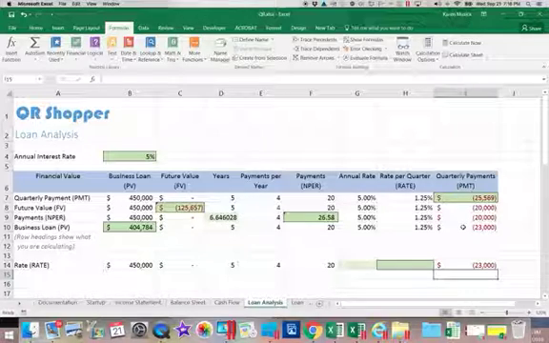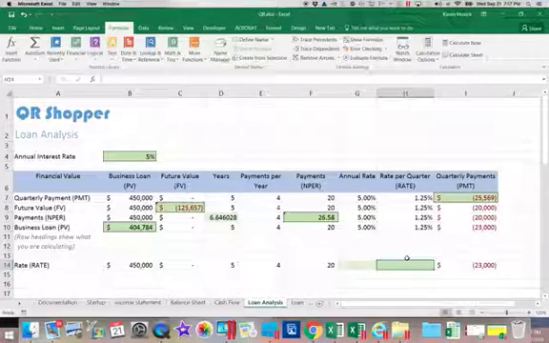So you might want to see, is that interest rate close? And then maybe I could go to another bank or try to negotiate. But if it's way off, then obviously, that's just not an option. So that's how we could use the rate function.